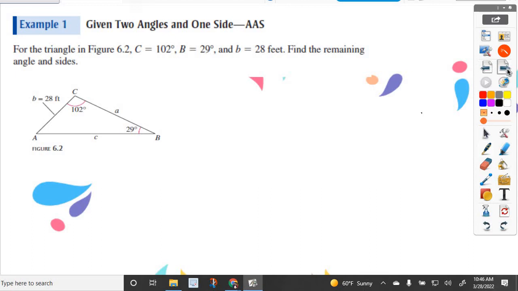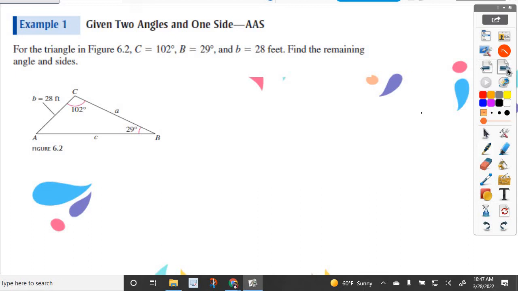So what are we going to do? Correct. Is there anything that's going to be easier to find than that? Yeah, we can find our last angle, right? Because what's the relationship between the 3 angles of a triangle?